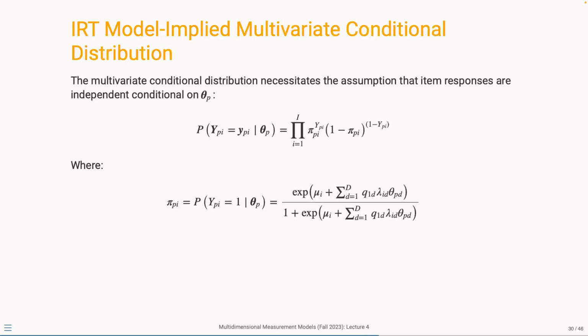The model implied conditional distribution, that was one item. What about all the items? Well, again, in CFA, we had the assumption of conditional independence when the diagonal of the psi matrix, the error matrix, was 0. In IRT, we just explicitly say we assume conditional independence.